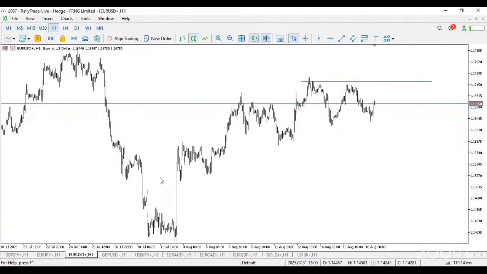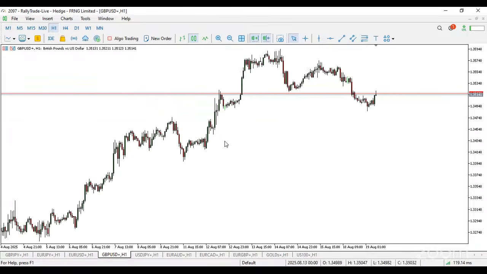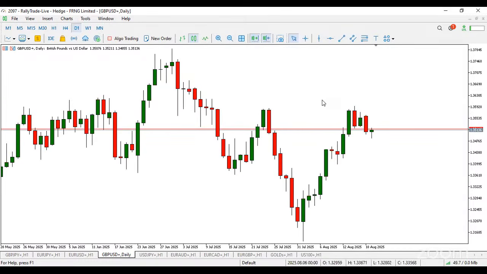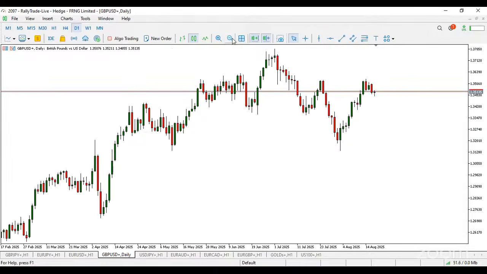The probability that whatever is happening on EuroUSD should happen on British Pound USD is also very high, just that British Pound USD is showing more of a downtrend setup. Let's look at it from the higher time frame. It's wise to do top-down analysis. On the daily time frame, British Pound USD has been in an uptrend for a while.